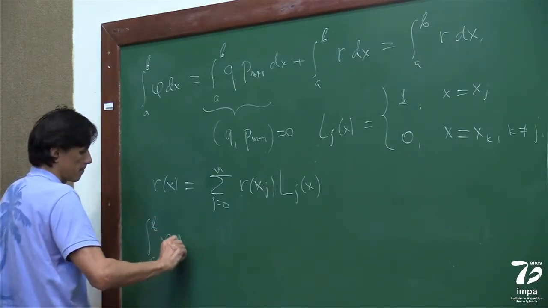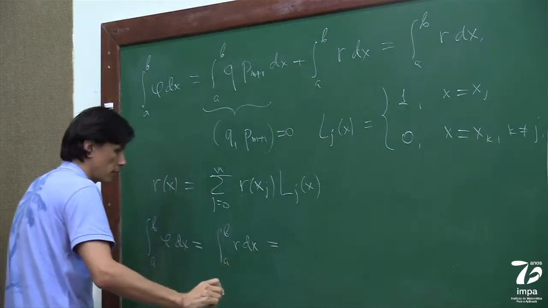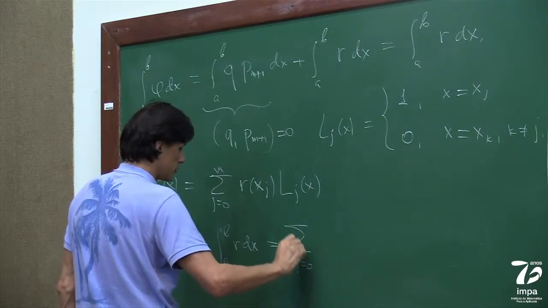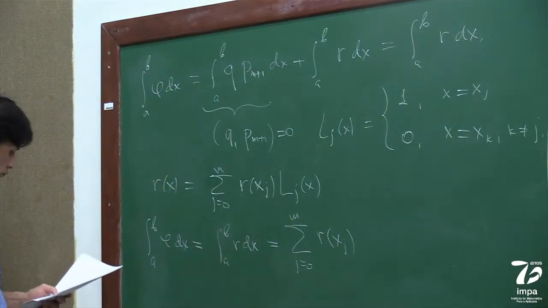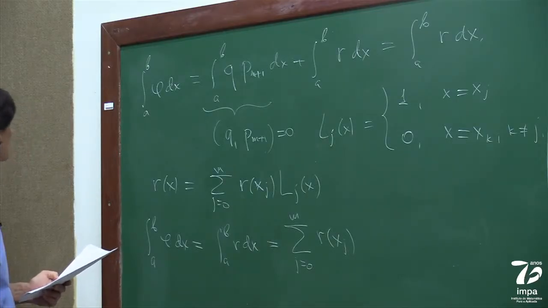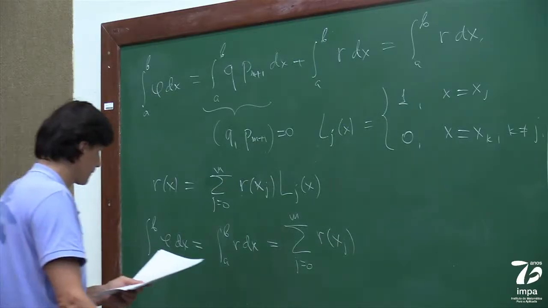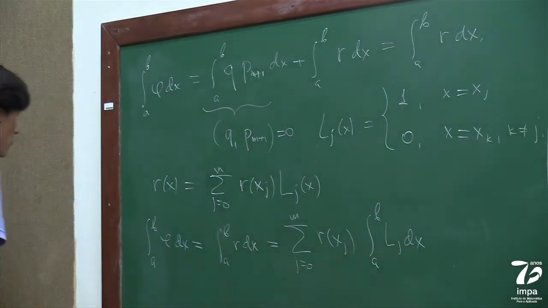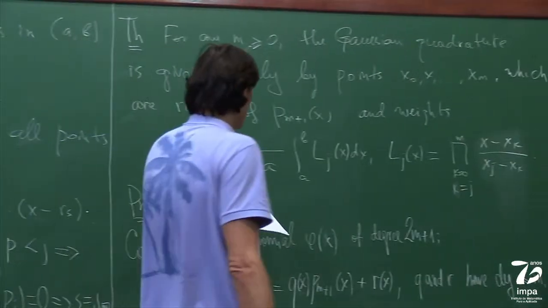And what we have is the integral from a to b of r equals the sum over j from 0 to m of r(xj) times the integral from a to b of lj dx. And this is exactly alpha j times b minus a.